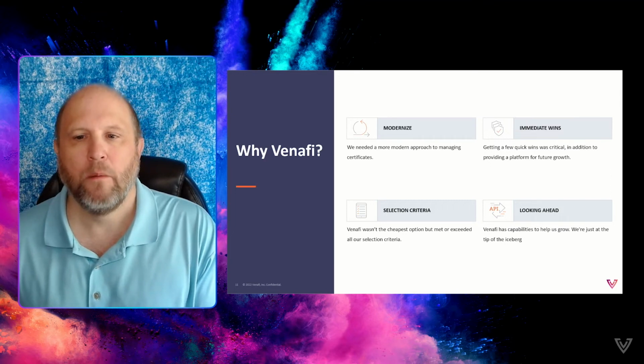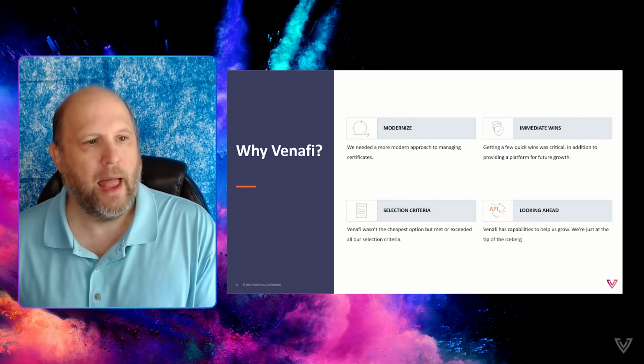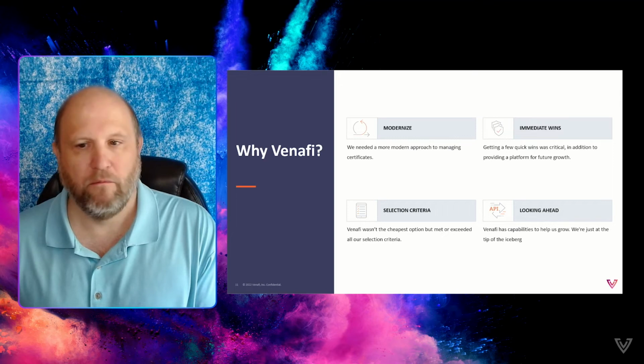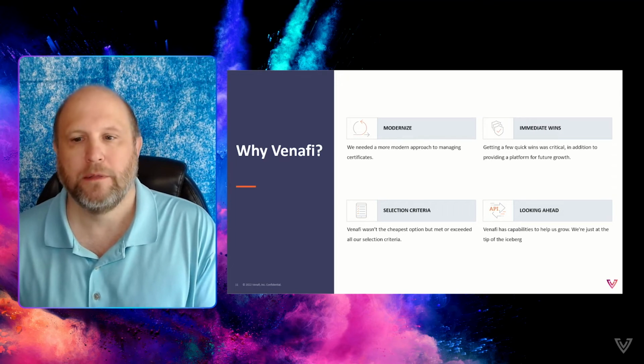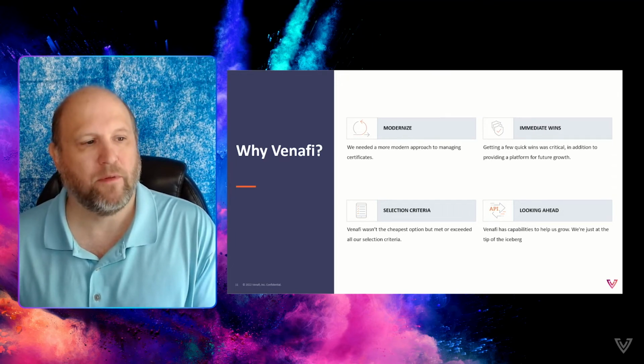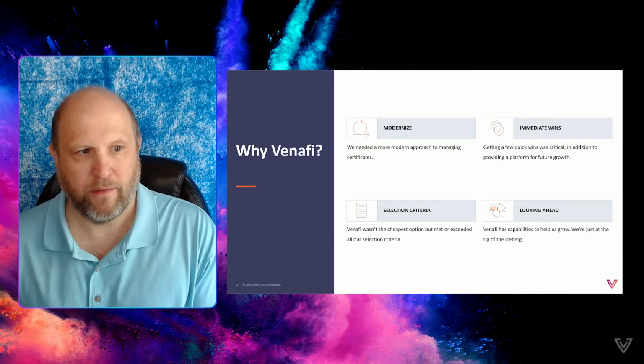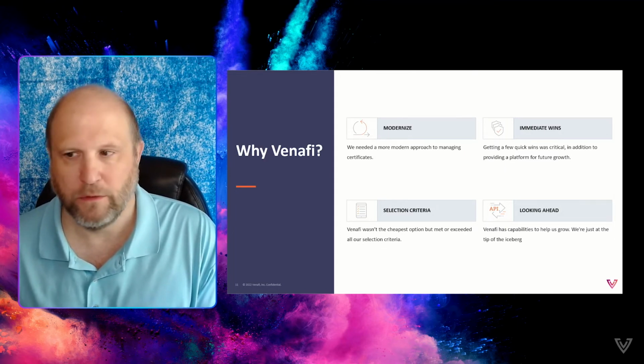We completed proof of concepts, and we landed on Venafi. What we found is that they offered us the biggest potential for future work. That future roadmap looked the best with Venafi, and that was important to us because we knew that to properly modernize, we don't have to only solve today's problems. We also have to innovate for tomorrow's solutions.